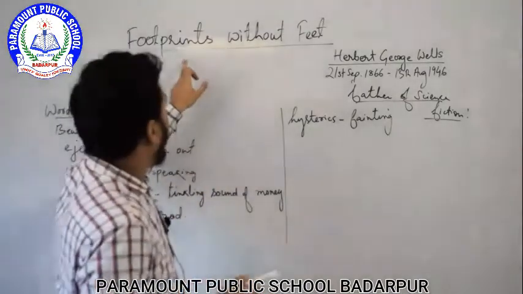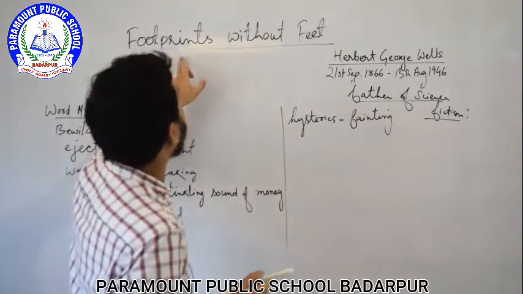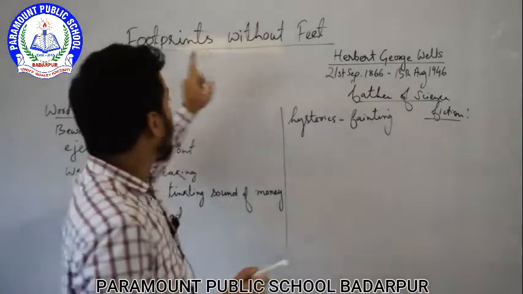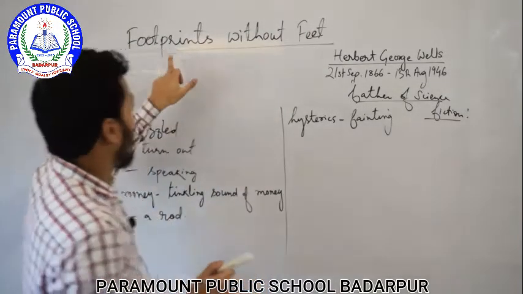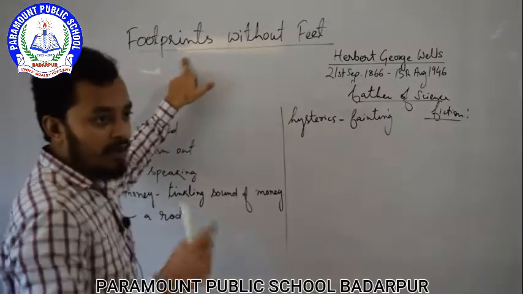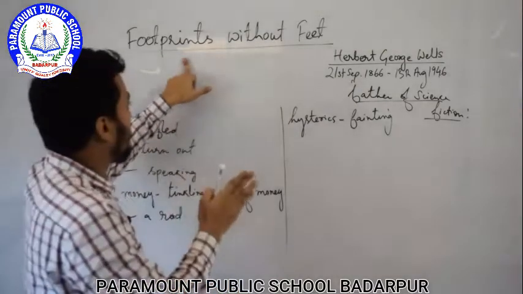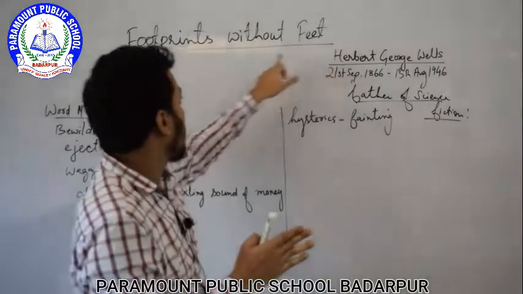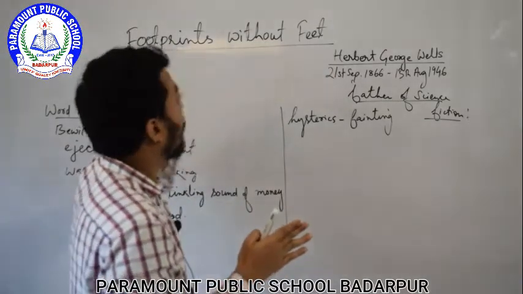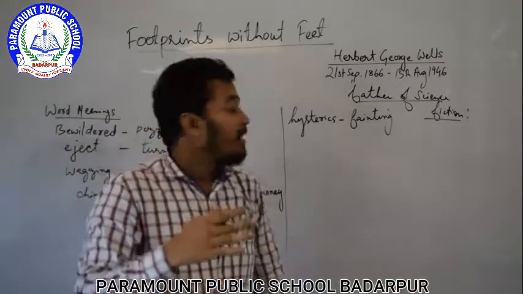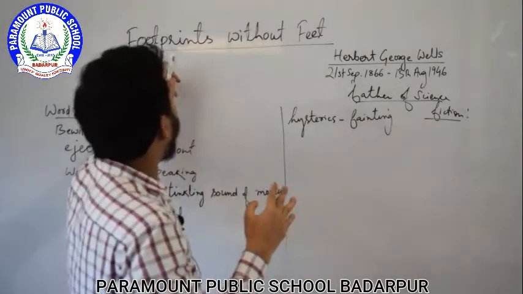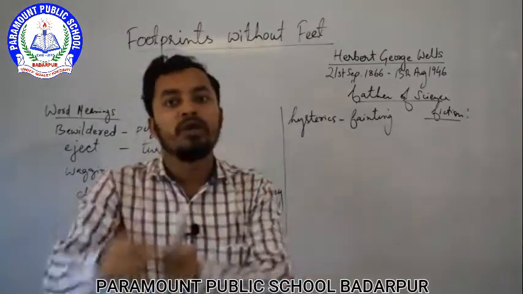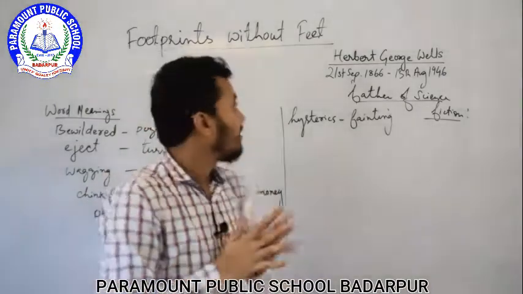Now, let us have a look at the title of the story, Footprints Without Feet. What does this mean? See, what is the meaning of footprints? Marks of foot, alright, without feet. So, I can say the title means marks of foot but without feet, alright.